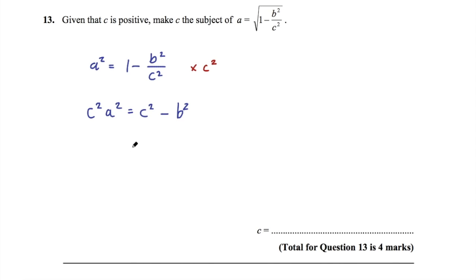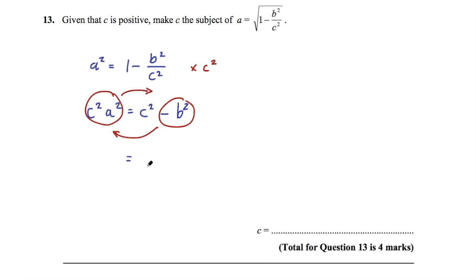Okay, so now I want all of the c values on the same side of the equation, and what I'm going to do is bring this over to this side and the minus b squared over to this side, just to make it a little bit easier for myself.